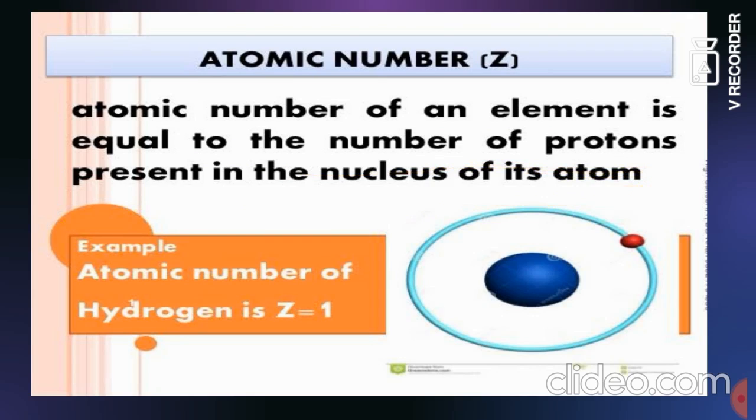For hydrogen, the atomic number is 1, because there is only one proton present in the hydrogen atom. That's why for hydrogen the atomic number is 1.